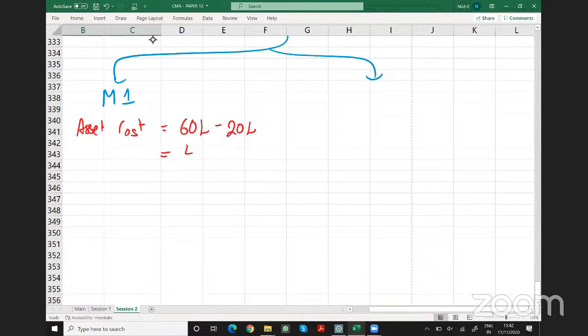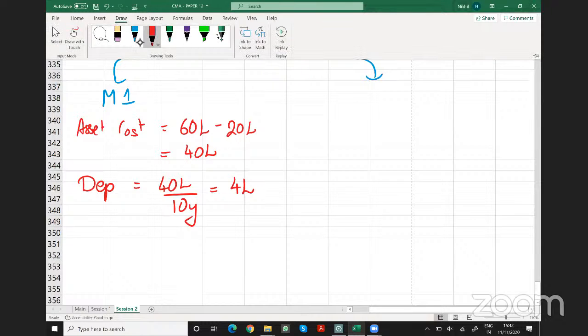Your asset cost is only 40 lakhs. You should charge depreciation 40 lakhs divided by 10. You should charge 4 lakhs every year. Khatam.